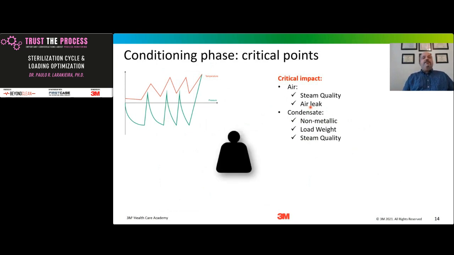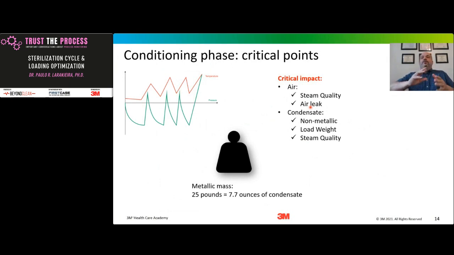Then let's look into the load weight. Everybody knows that we have a recommendation of having 25 pounds per package. This is an ergonomic recommendation and has also been converted to steam cycle performance on the condensation part of it.